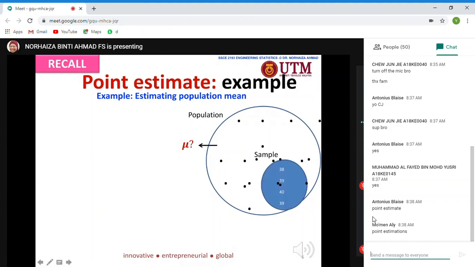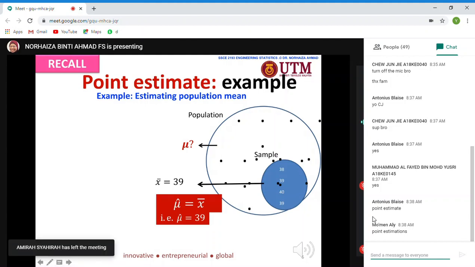Therefore you would need to use your sample observations to calculate the mean. So here you would use X bar because that's the point estimate, estimating your population parameter using your sample statistics obtained from your sample, which is 39. So this is an example of a point estimate for the population mean.